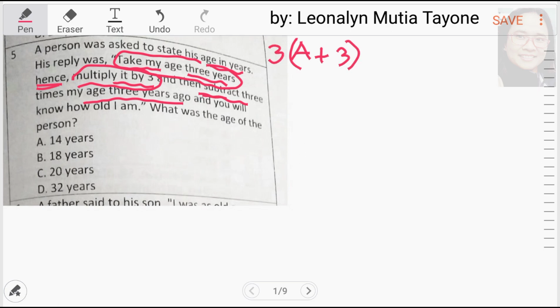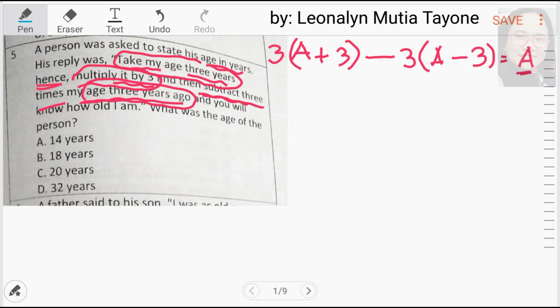Then, subtract 3 times my age 3 years ago, minus 3, equals A. Kasi yun yung hinahanap natin. Yan yung edad niya. Uulitin ko.